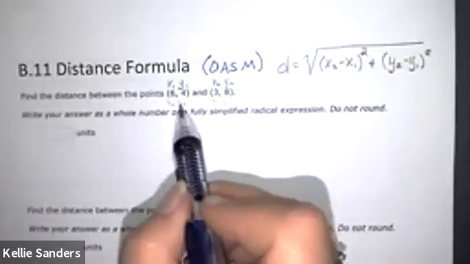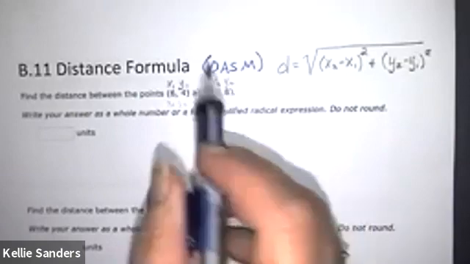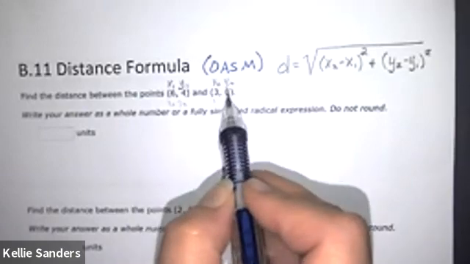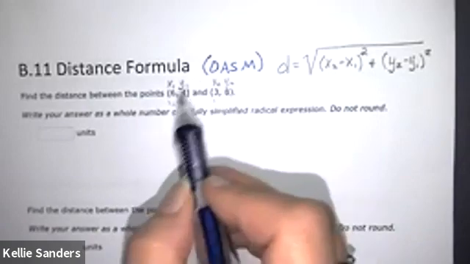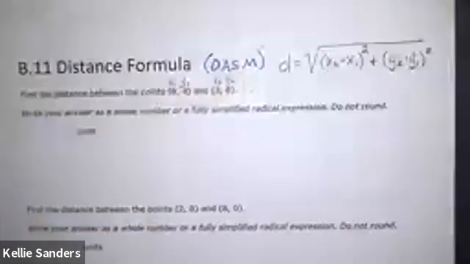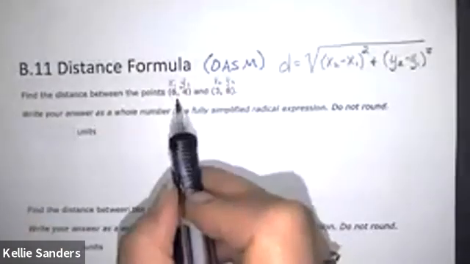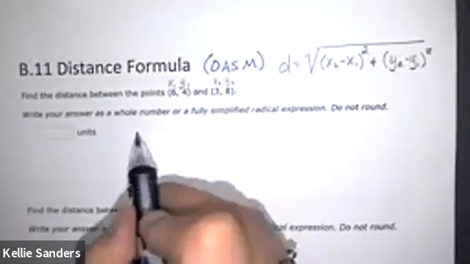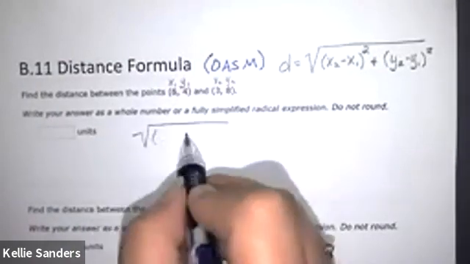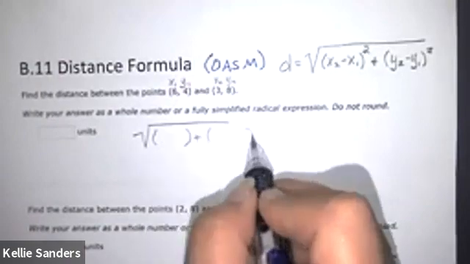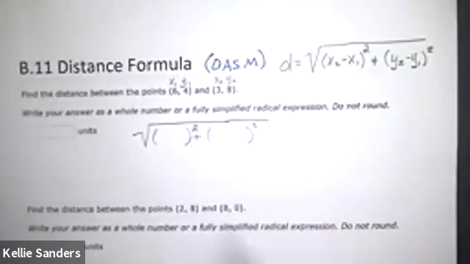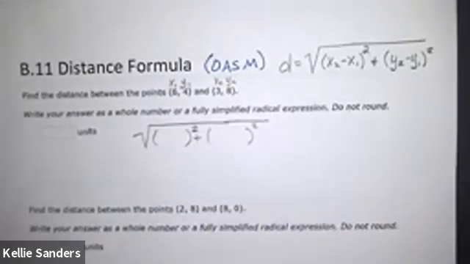It doesn't matter which one you call 1 and 2, but if this one is a 1, then that one's a 1. If this one's a 2, then that one's a 2. You can't flip-flop them that way. But normally people want to put the 1's first and the 2's second. Here we go. I strongly suggest you write that down every single time.